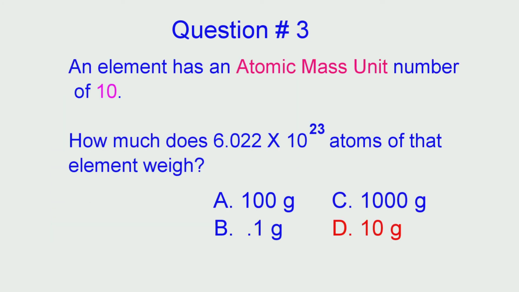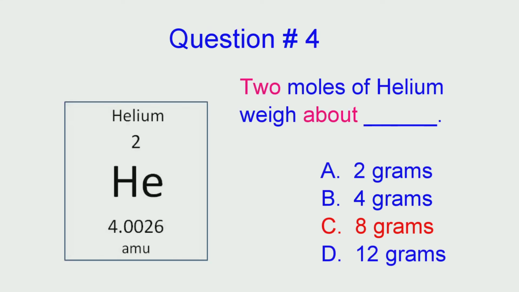If an element has an AMU number of 10, then 1 mole of atoms of that element will weigh 10 grams. 1 mole of helium will weigh about 4 grams because its AMU number is 4.0026. Therefore, 2 moles of helium will weigh about 8 grams.